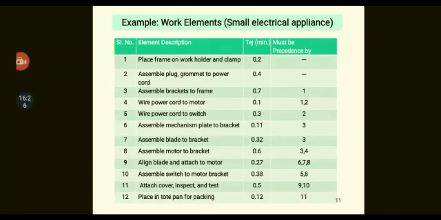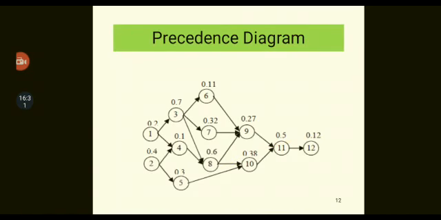For this example we have a diagram. For elements 1 and 2 we don't have any precedence, so these two are the starting points. Element 3 has a precedence of 1. Element 4 has a precedence of 1 and 2. Element 5 has a precedence of 2, and element 6 has a precedence of 3.